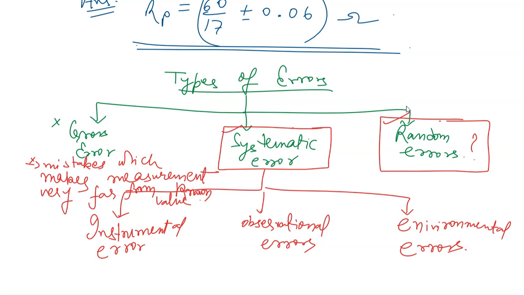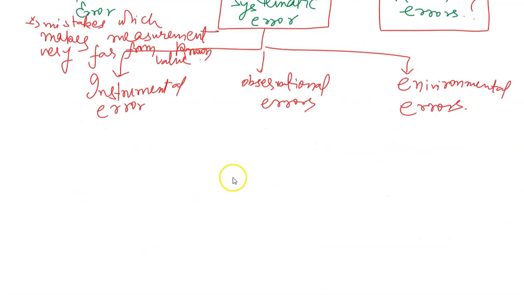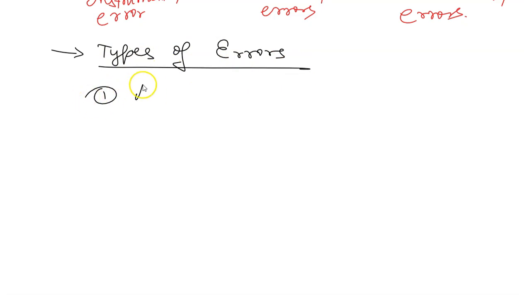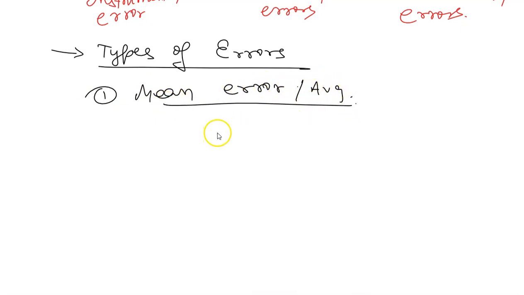Okay, so let us discuss now the types of errors based on the numerical things we are going to use. So the types of errors. First comes the mean error. We also call it average error. So average error means, let us suppose you are measuring the resistance of a resistor.